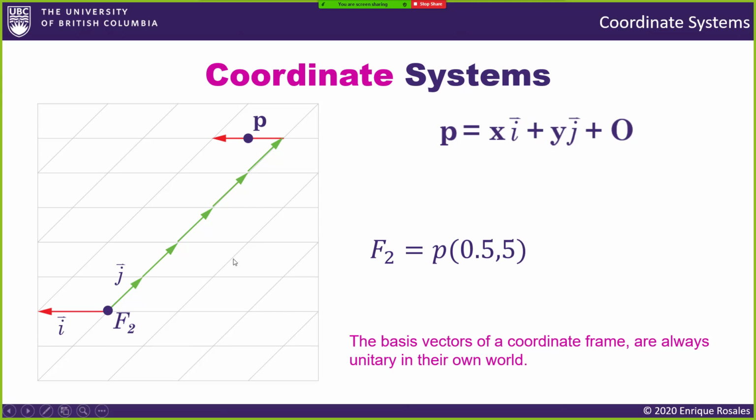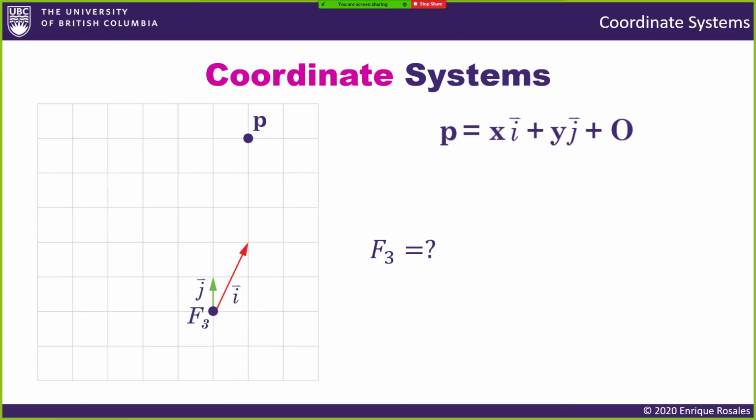This visualization could be very confusing, so when we are working with coordinate frames, we usually use a fixed grid, because it would be incredibly confusing to use the distorted version for every coordinate frame. But keep in mind that the basis vectors of a coordinate frame are always unitary in their own world, and the world is distorted. So what about this one?